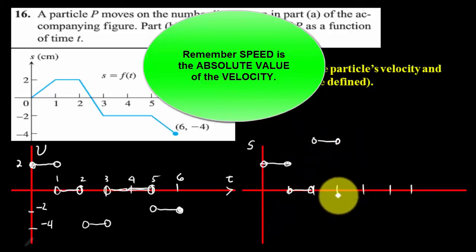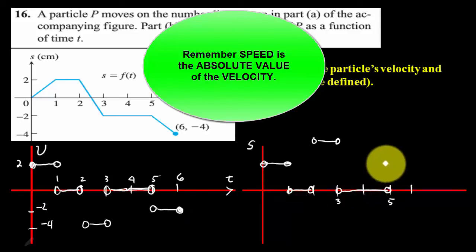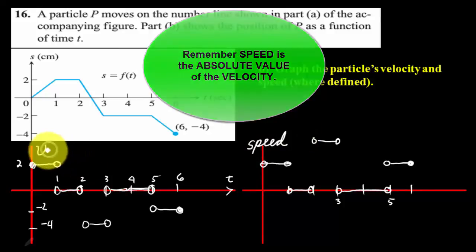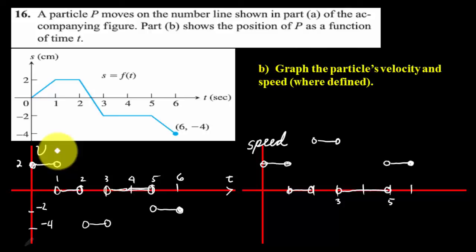And then from 3 to 5, 0 speed. Then from 5 to 6, the speed is +2. So this is the graph of the velocity, and this is the graph of the speed. Let me just write it as speed so you won't confuse it with s of t. So there's your speed, which is just the absolute value of the velocity graph.